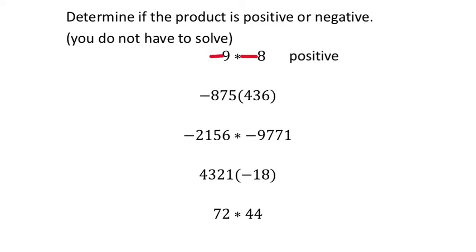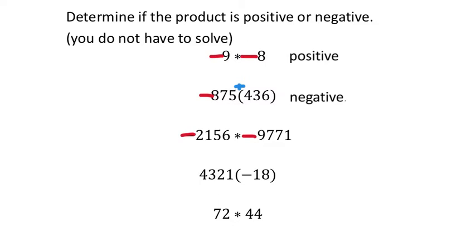On this next one, we have a negative 875 and a positive 436. They are different signs, and when they're different signs or opposites, the answer is a negative. On this next one, once again, we've got a negative and a negative.